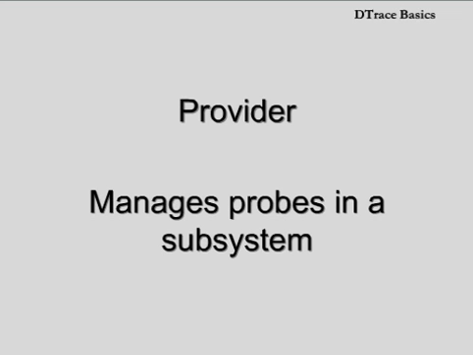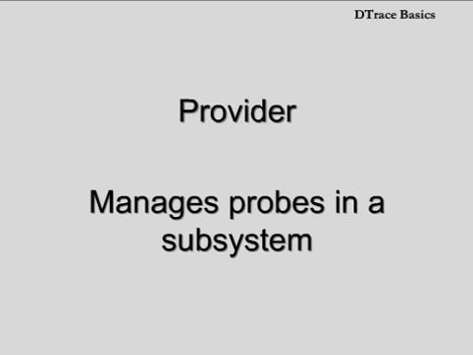So the first term is a provider, and what you'll hear today is that Python itself is a DTrace provider, and what that means is that it manages probes in a subsystem. In this case, the subsystem is your application code, and a probe is essentially a tiny little unit of observability.